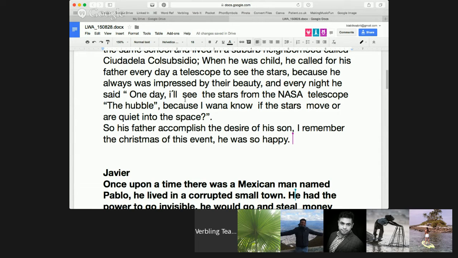Wow. So tell us quickly what happened afterwards. Can you tell us in words? Every night, when his father gave him the telescope, he was maybe 13 years old, and every day he watched the stars and began to write and understand the physics and mathematics of the universe.